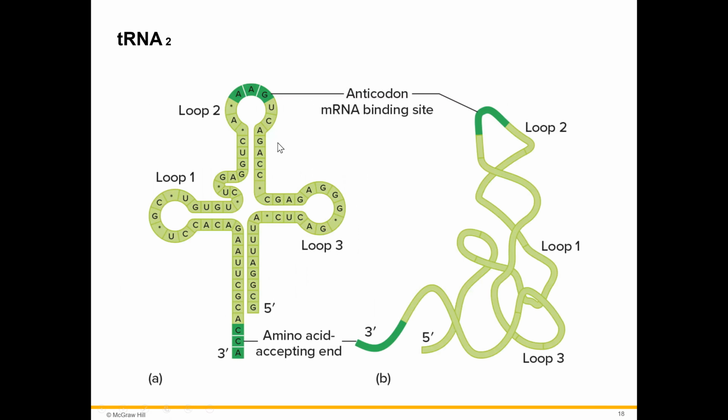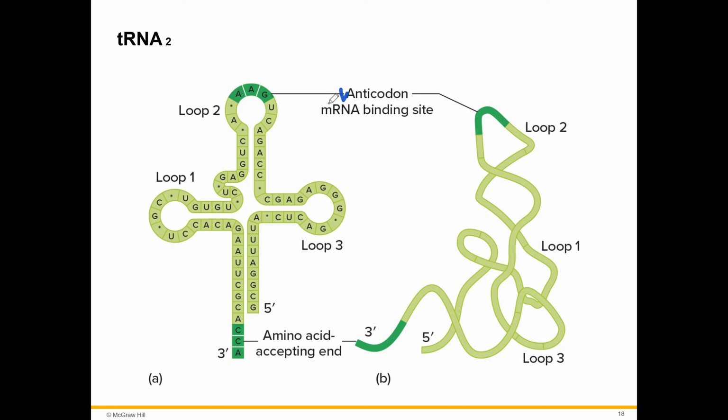So here's the structure of tRNA. We can see we have a loop. It does look like a cleaver. On one side, we have 3 nucleotides, AAG in this example.